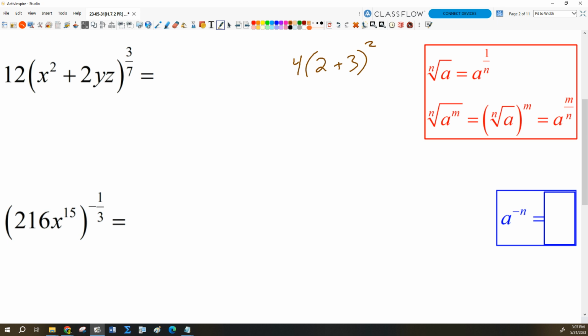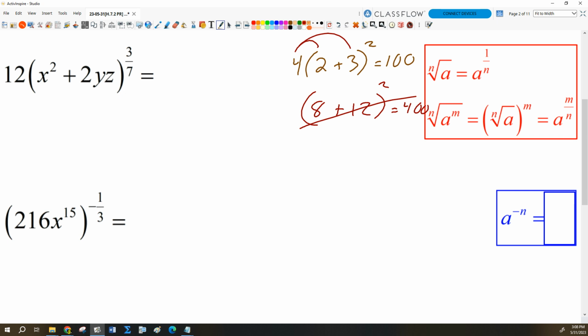What should my answer be? 100. Yeah, it should be 100. Okay, but if we were to distribute here, as was suggested, then that would give me 8 plus 12 quantity squared. That's 20 squared, which is 400. Well, that's wrong, right? You can't do that. That violates PEMDAS. So we cannot distribute.